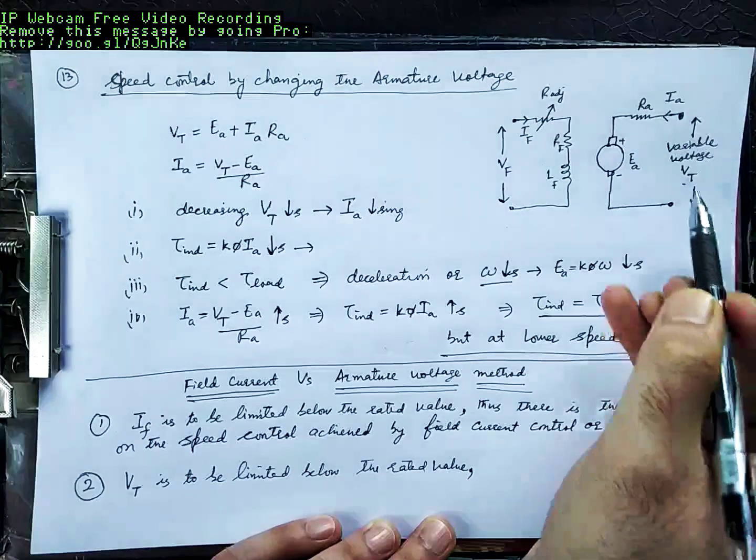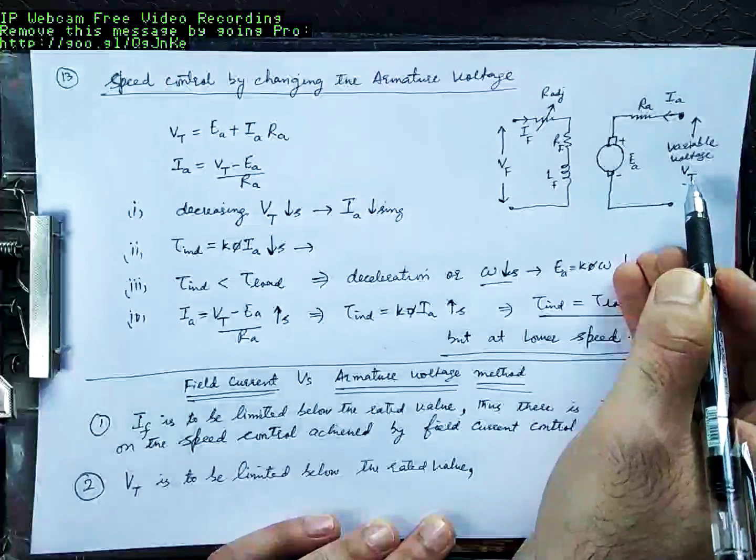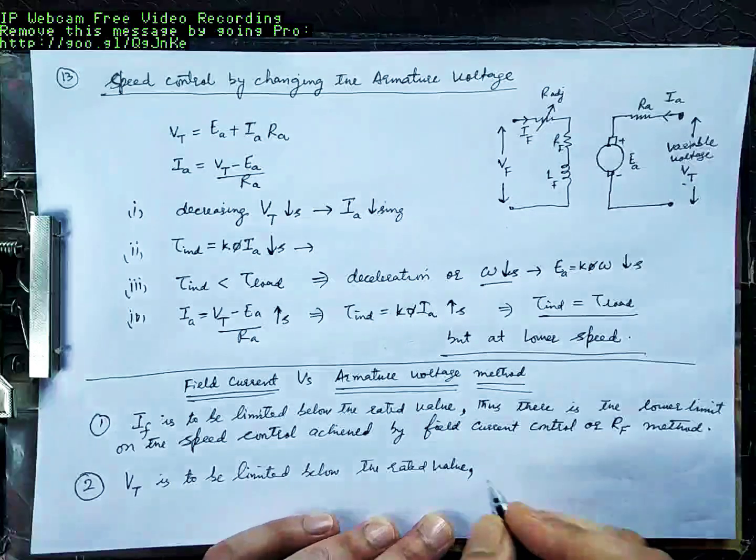When you cannot increase this Vt above the rated value, that means you cannot increase the speed above a particular speed.